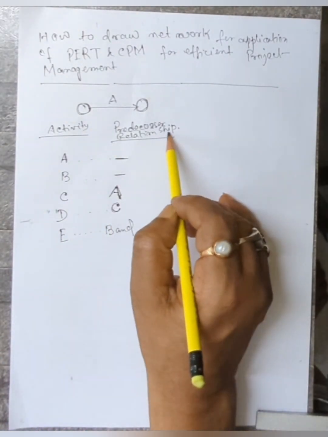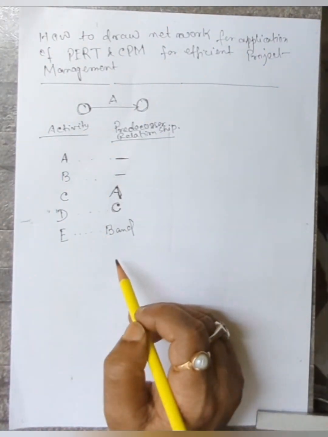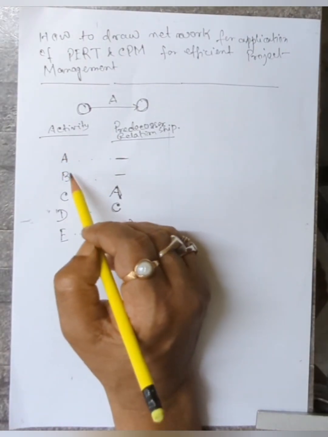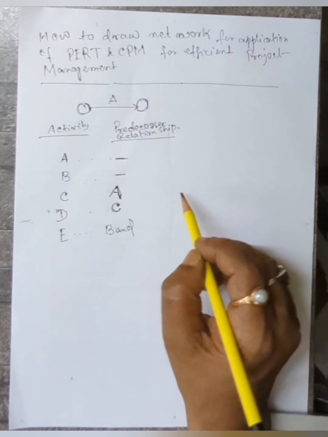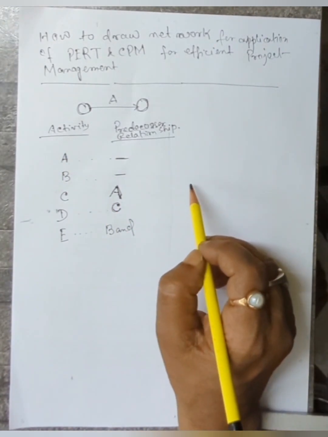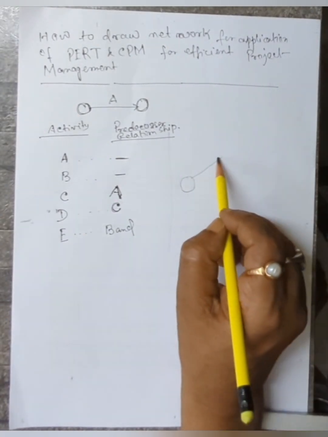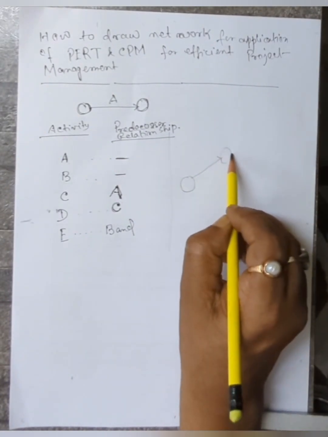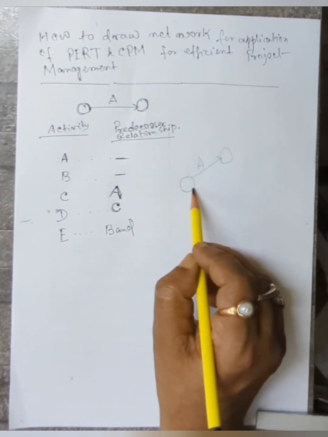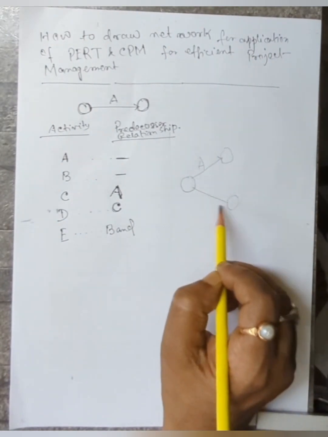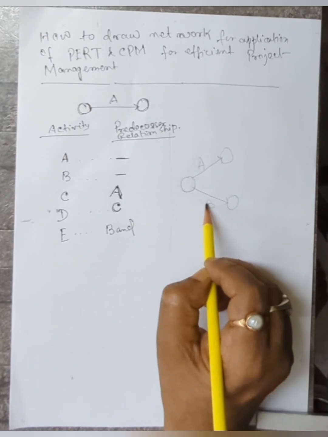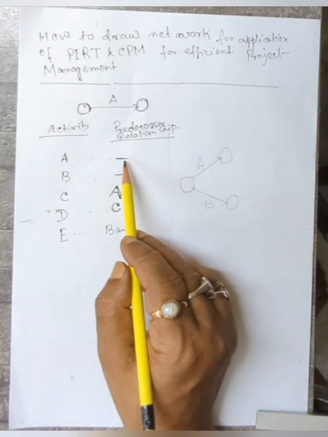First I am doing the rough sketch, this right side. These are the activities which you can start at the beginning. No predecessor activity available. So this is the starting activity. This is starting activity A, and this is the activity B. No predecessor activity is required to complete to start this.